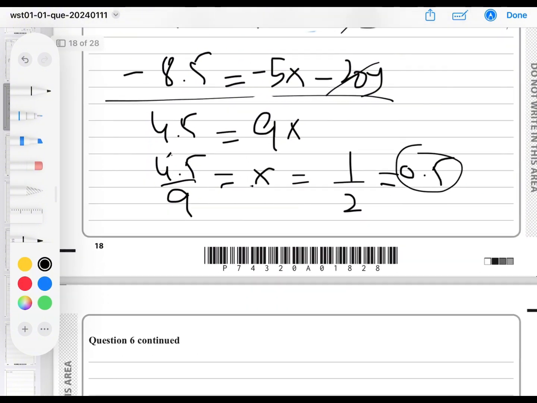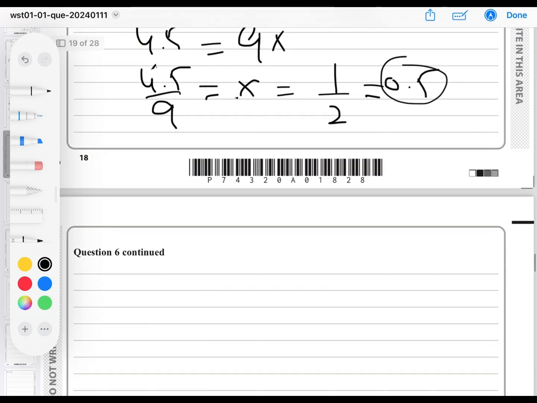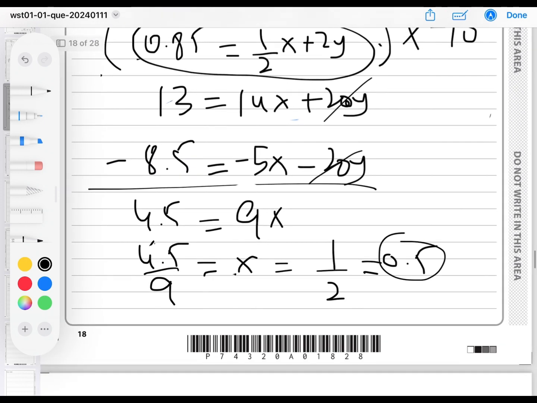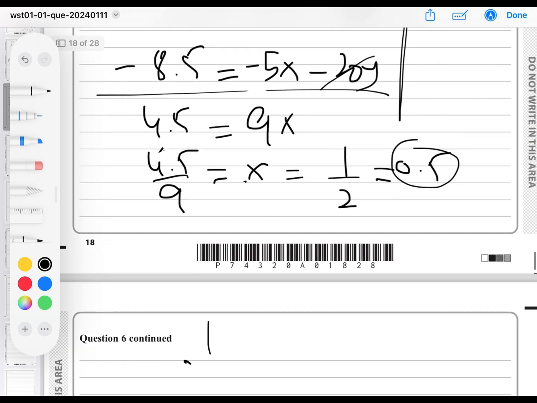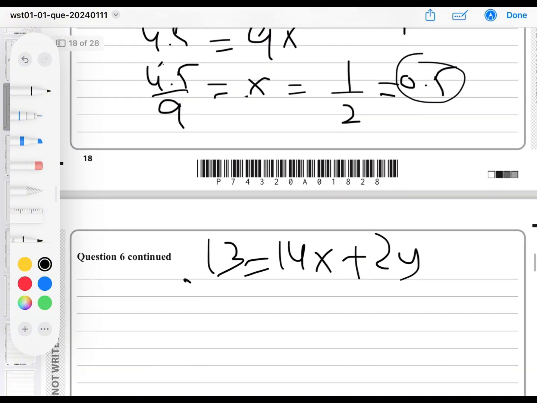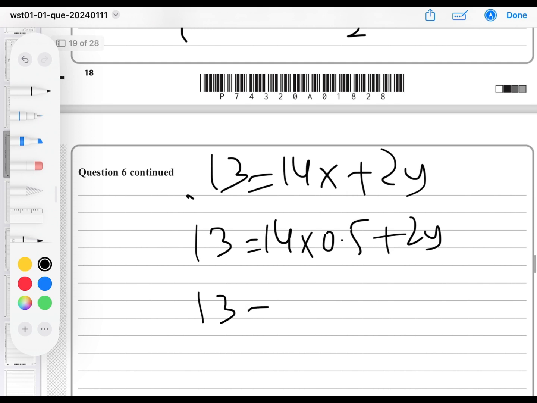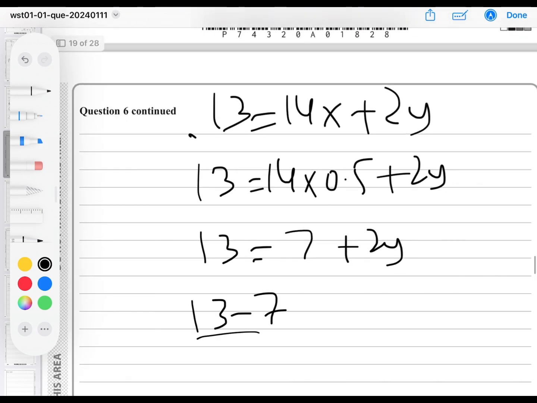Now putting this in any of the equations, let's suppose I'm putting it in this equation, 13 equals 14x plus 20y. So putting it here, 14 times 0.5 plus 20y, so 13 equals 7 plus 20y.